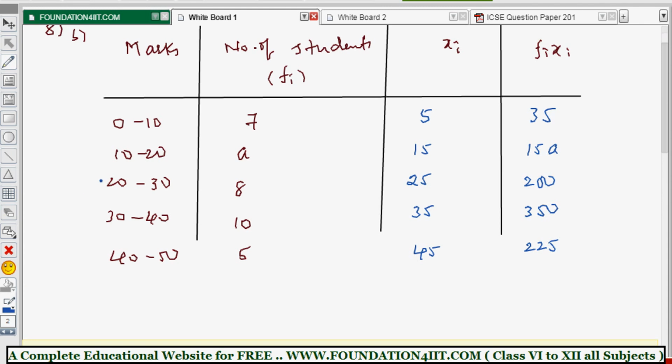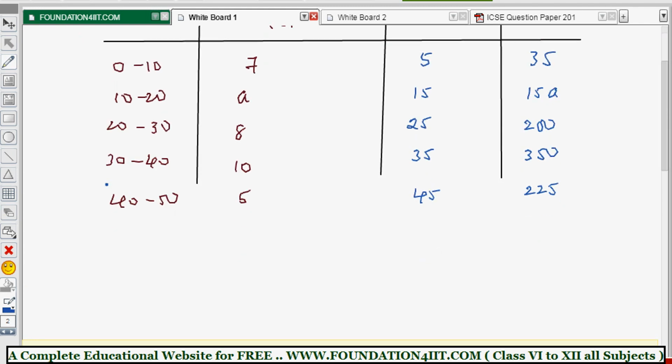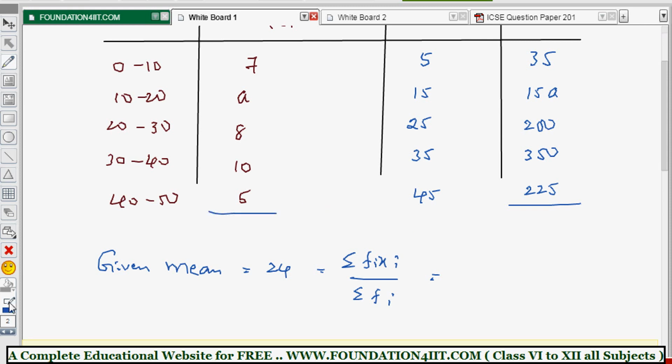So after making this table, we need just to apply the formula. The mean is given, that is equal to 24. And the mean formula is sigma Fi xi by sigma Fi, right? So that will apply. That means you need to add this all, this line and these two lines.